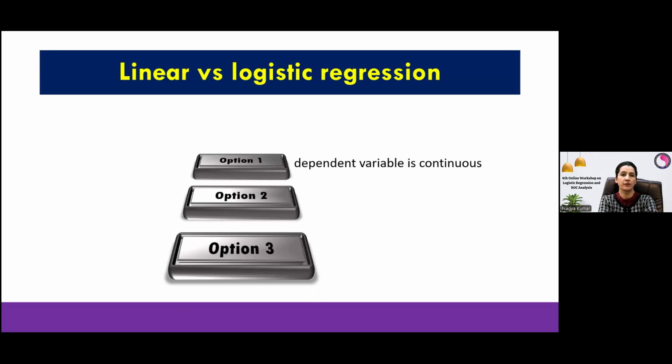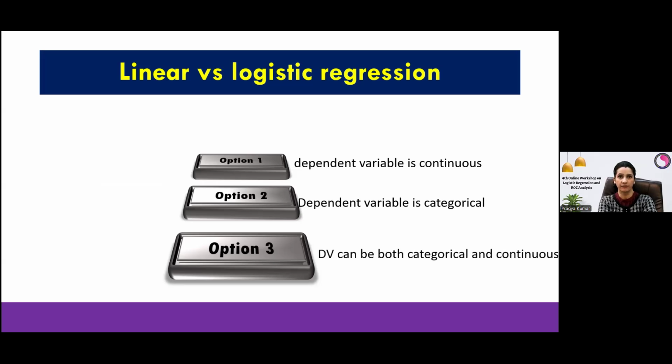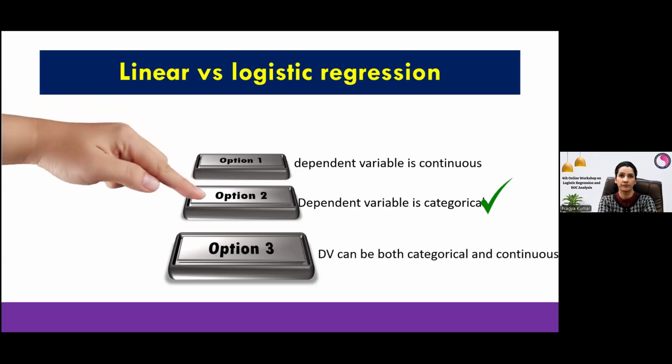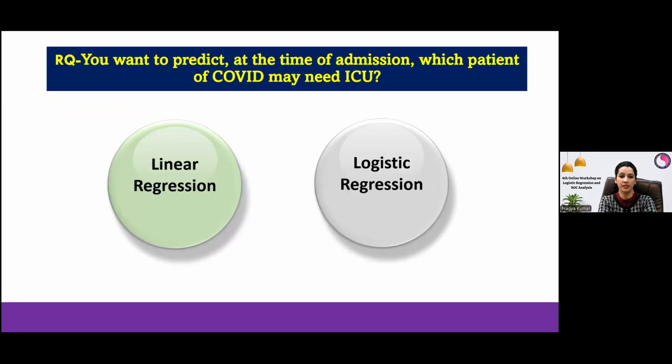For those of you who get confused between linear and logistic regression: in linear regression, the dependent variable is continuous, and in logistic regression, the dependent variable is categorical. So this is logistic regression.